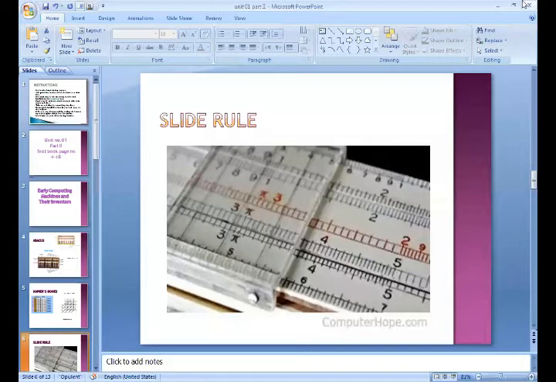A slide rule, also known as a slide ruler, is an extremely complex ruler that functions as an analog computer by sliding various components of the ruler to align with each other. A slide rule can compute products, roots, logarithms, and the results of trigonometric functions.